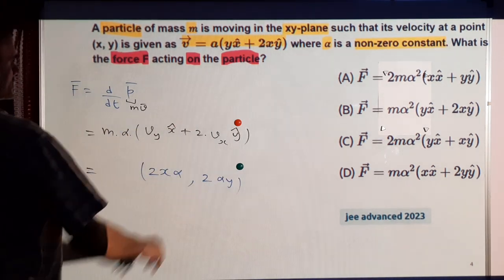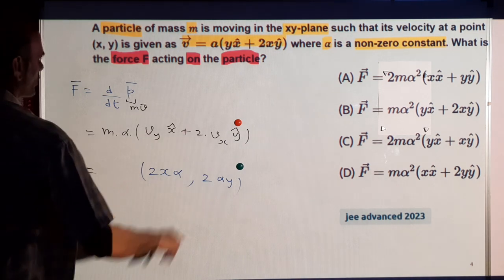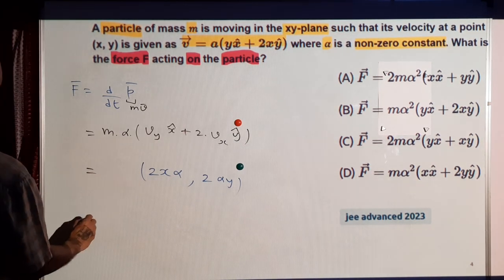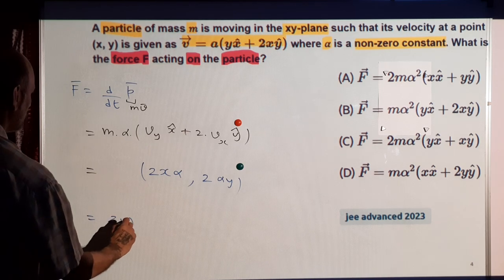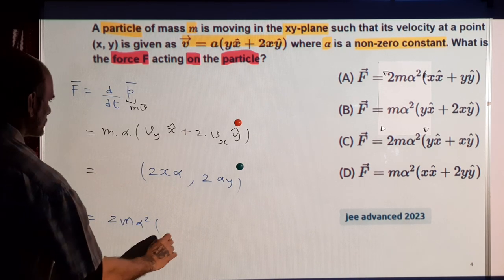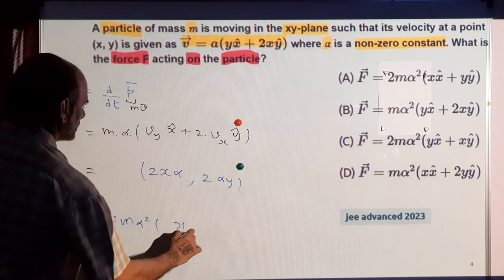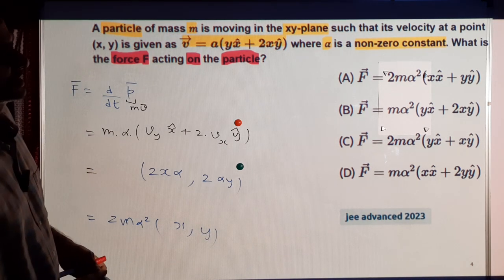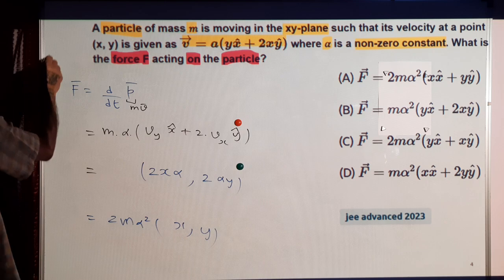So this is the i component, this is the j component. 2 alpha is common, so this will become 2m alpha square (x, y). So it's option A.